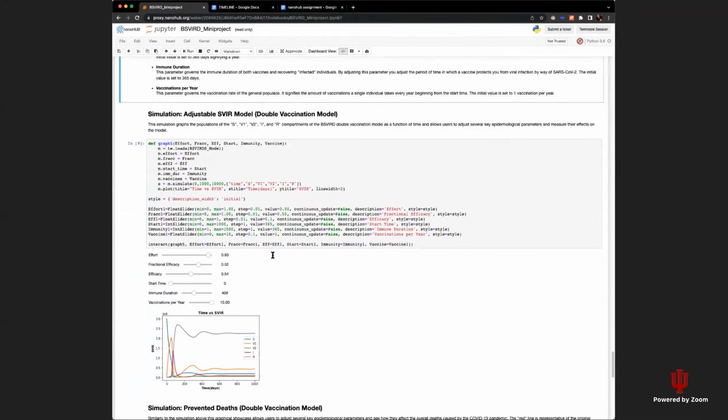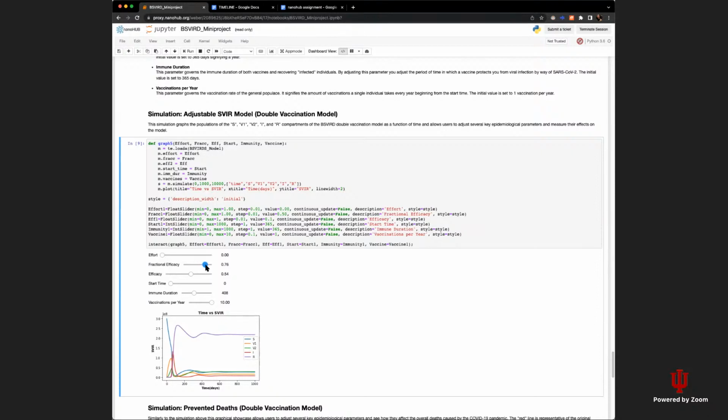I think that's right, because when you adjust the effort to be very high, people only receive 1 vaccine, whereas when you adjust it to be very low, that's confusing. I'm sorry, I may have gotten this one mixed up. I don't really recall how that one works, but the fractional efficacy is just the percentage of which the first vaccine is good compared to the second vaccine.